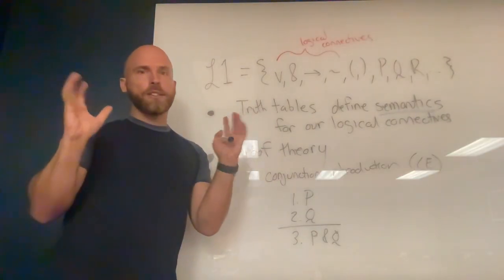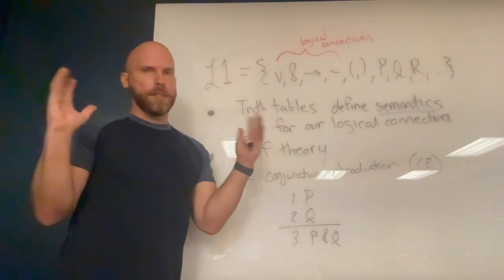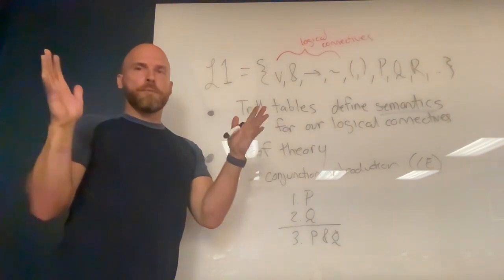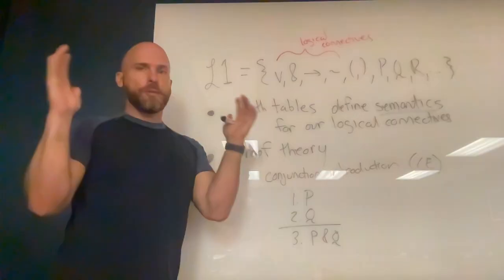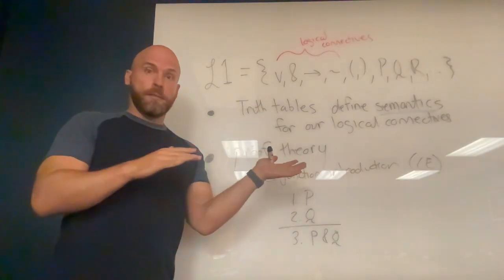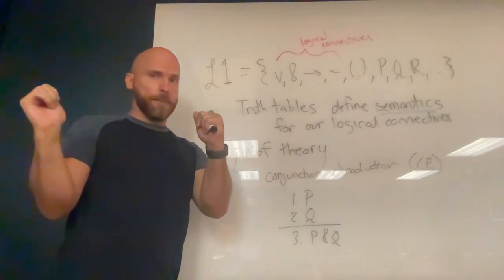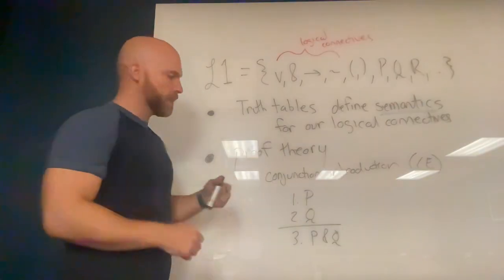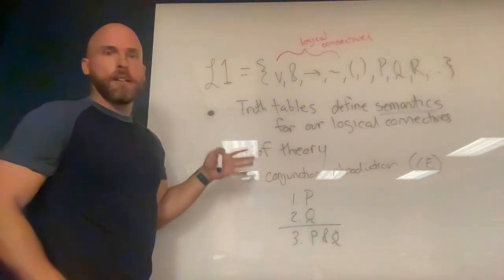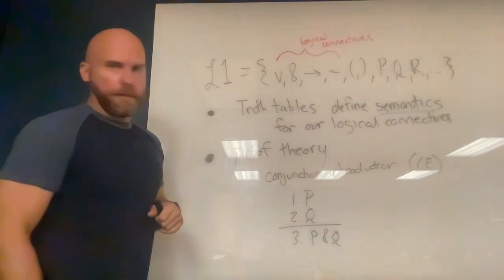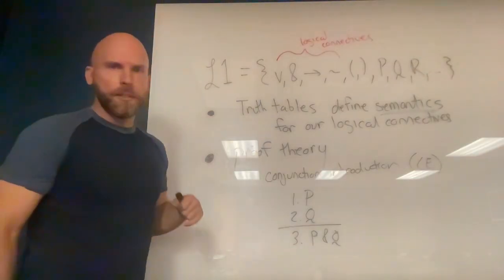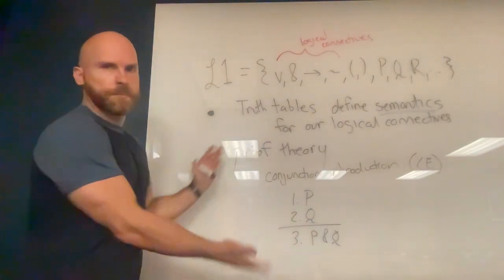Arguments are valid just in case, that is to say, validity is defined in these terms: if the premises of a given argument are true, then the conclusion must be true. So that's what valid means. And you can see that very clearly with conjunction introduction. If it is true that P and it is true that Q, then it better be true that P and Q.